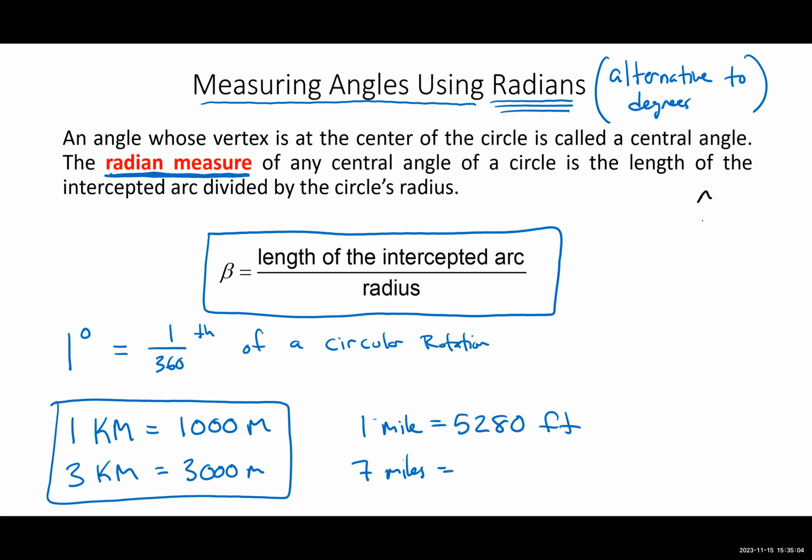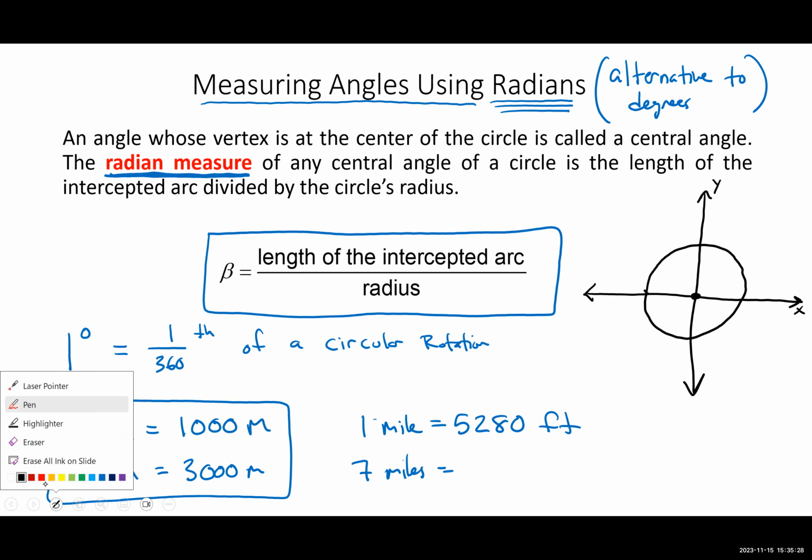Well, let's start with something we know. Here's the XY plane. Horizontal axis is the X, vertical axis is the Y. And let's put a circle on the XY plane. So the center of the circle is the origin.